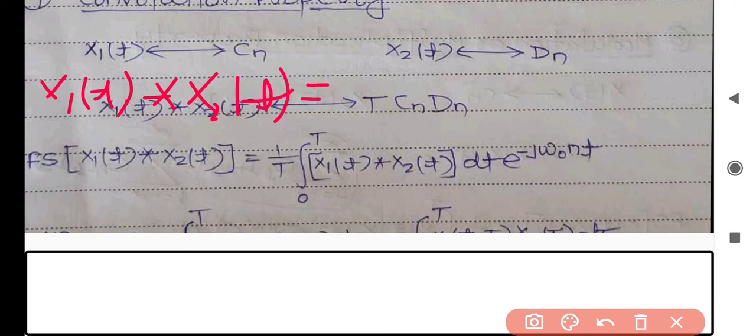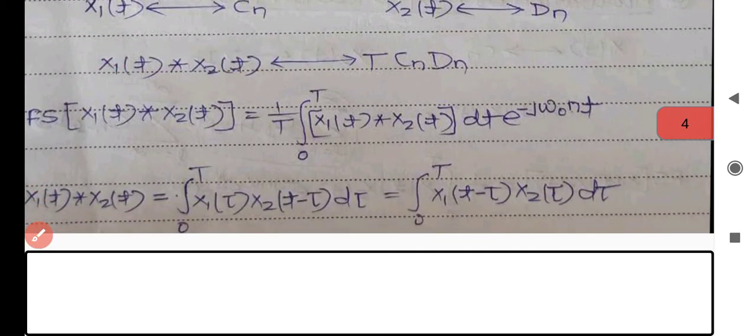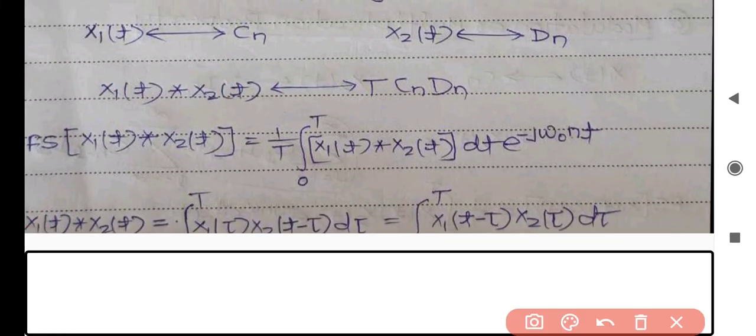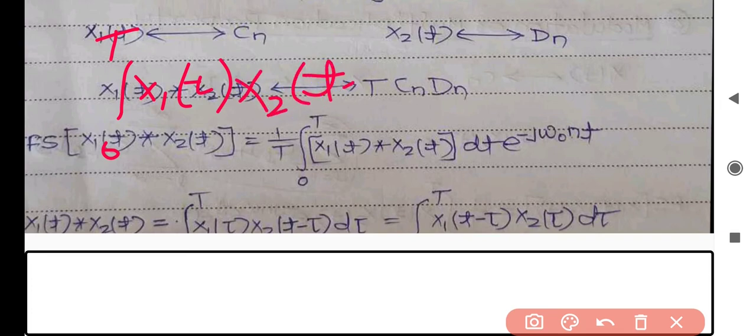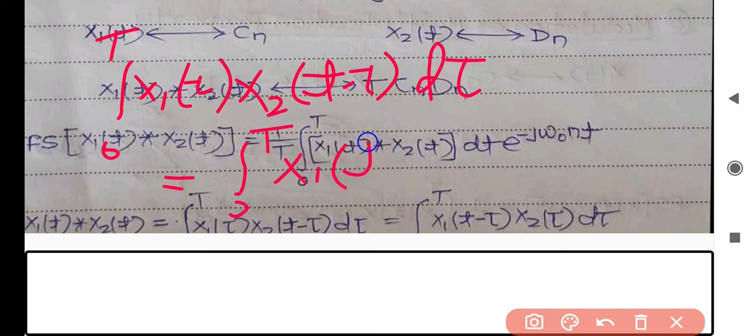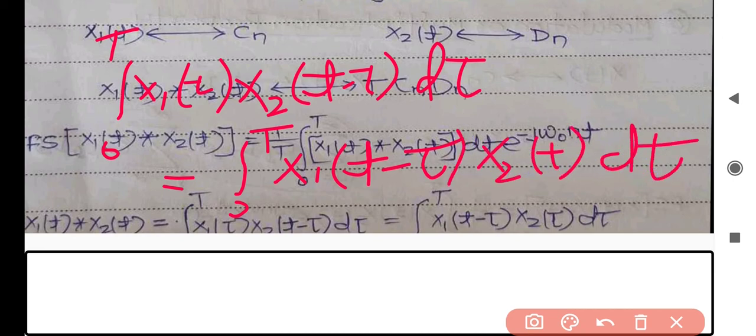And we know that the convolution of two signals x1(t) and x2(t) can be written either as integration from 0 to T x1(τ) x2(t minus τ) dτ, or it can also be written as integration from 0 to T x1(t minus τ) x2(τ) dτ.